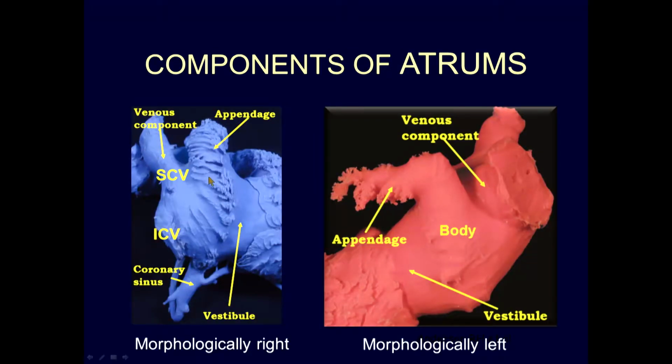These cast models nicely show the internal organization of the morphological right atrium and morphological left atrium. This is the superior vena cava and inferior vena cava, comprising the venous part, and the smooth vestibule is a muscular structure supporting the tricuspid valve. In between, at the anterior aspect of the atrium, is the right atrial appendage. And the important structure in this cast is the pattern of pectinate muscle.